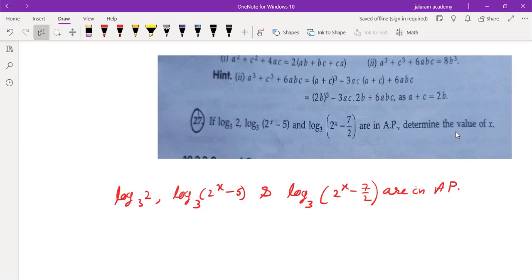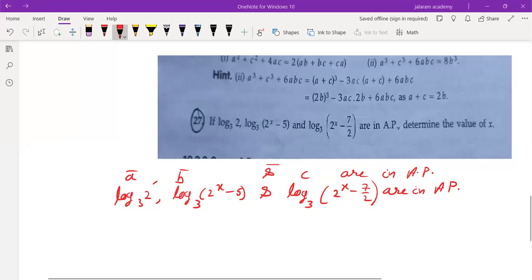We know that if A, B and C are in AP, then recall the property. If A, B, C are in AP, then what is the relationship between them?